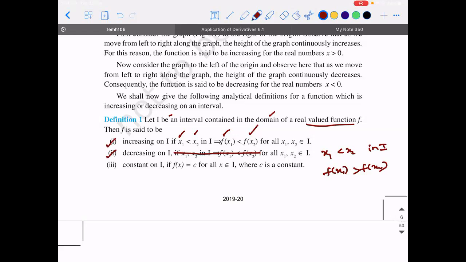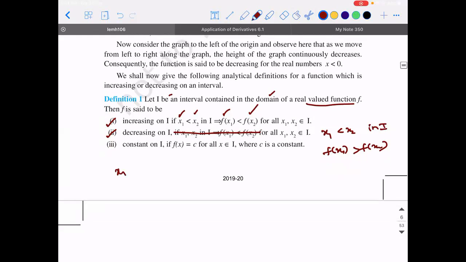So you can have a function which is decreasing in a particular interval, increasing in a particular interval, and sometimes you can have a function which is constant in a particular interval. What will happen in the case of a constant? If x1 is less than x2, but f of x1 is equal to f of x2, actually I cannot conclude this.